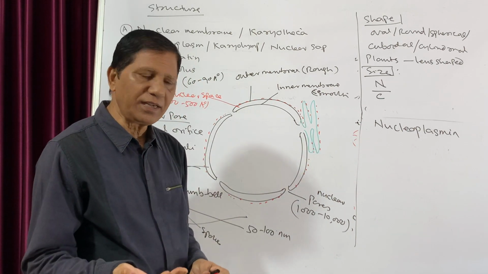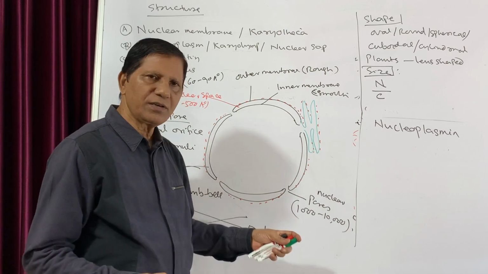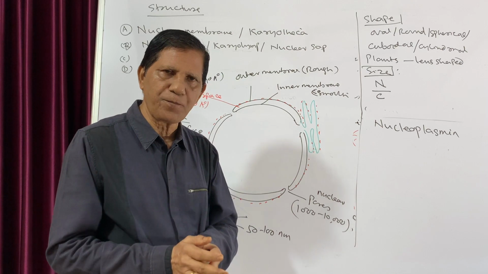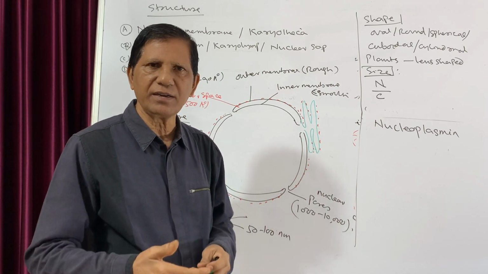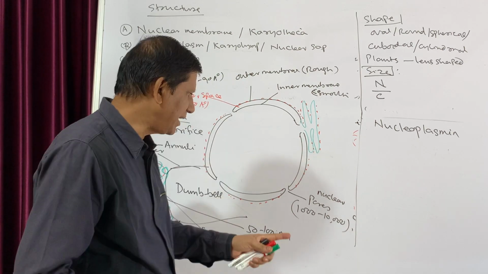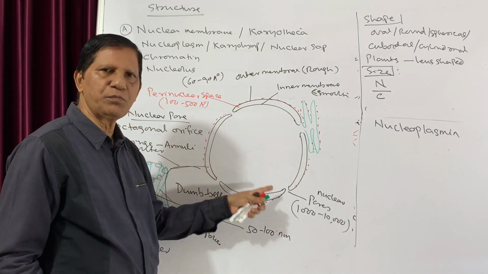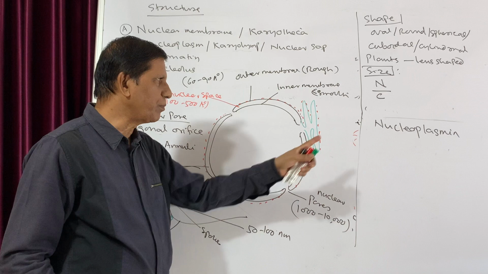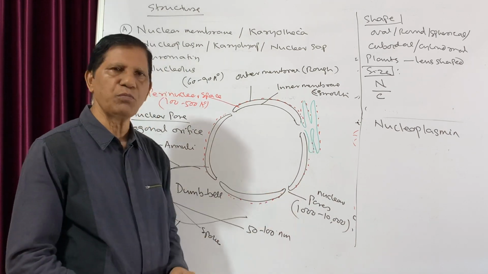And another important thing: once the ribosomes are formed, both smaller and bigger, and they combine together and are activated, they cannot come inside because the pore will not allow them. So this is the important function of that nucleoplasmin protein which is present in the nuclear pore.